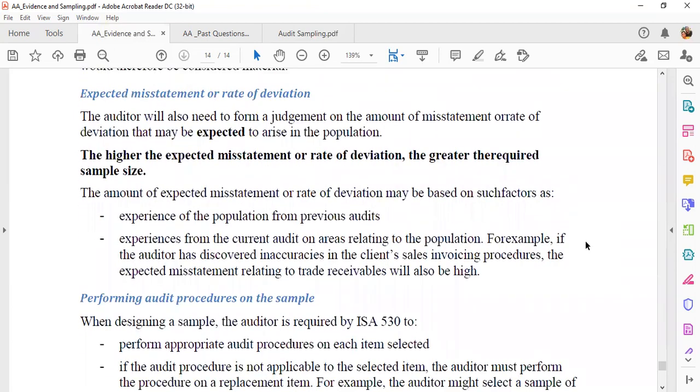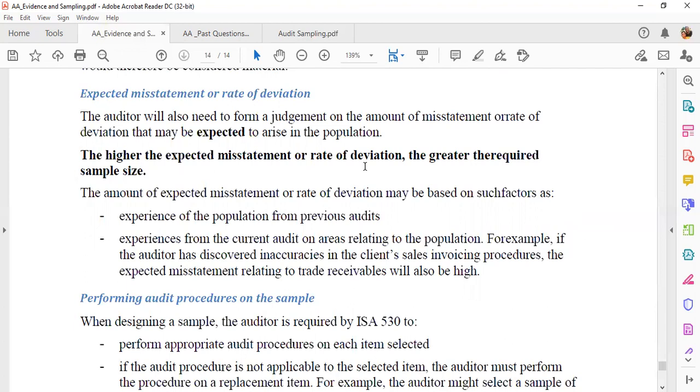Expected misstatement or a rate of deviation. The auditor will also need to form a judgment on the amount of misstatement or a rate of deviation that may be expected to arise in the population. The higher the expected misstatement or the rate of deviation, the greater the required sample size.